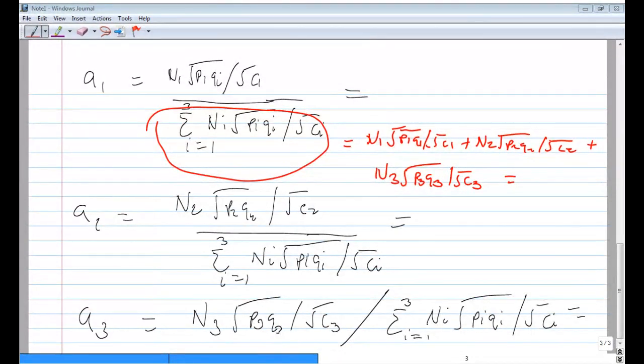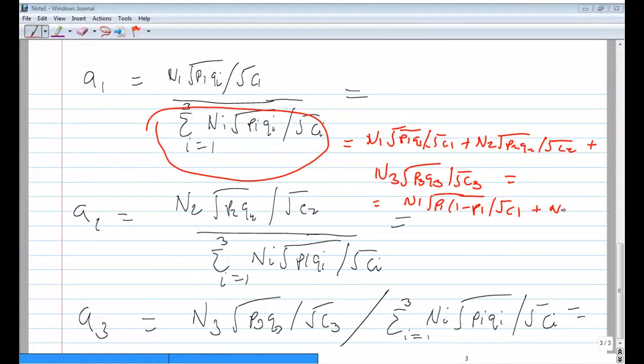So in other words, to make it easier, you're going to get 155 times the square root of P1 Q1, because you know that this one is also equal to N1 the square root of P1 times 1 minus P1, isn't it? Then you divide by the square root of C1.